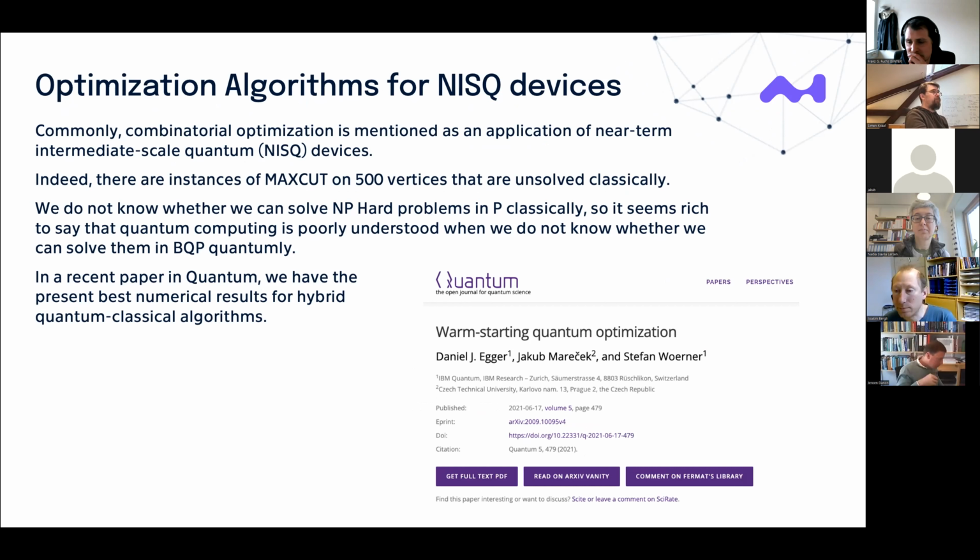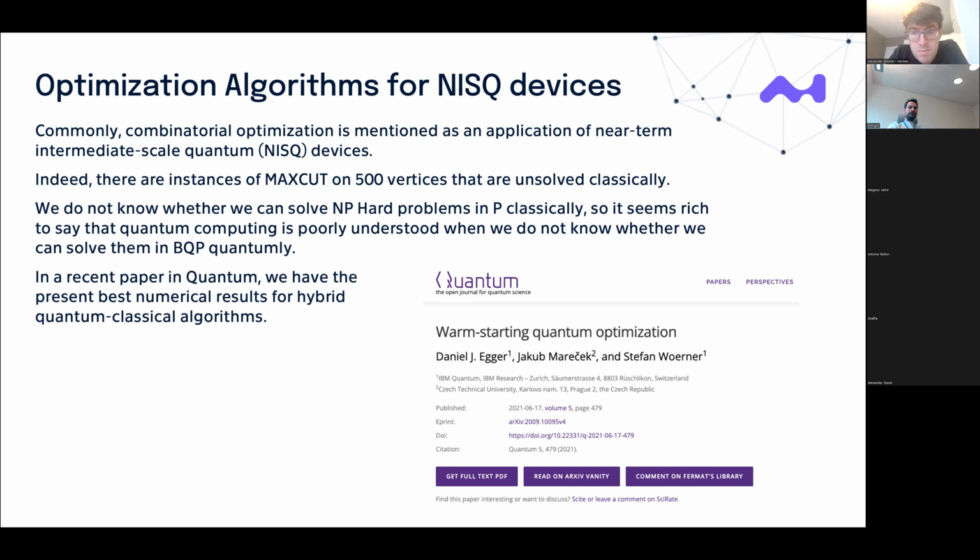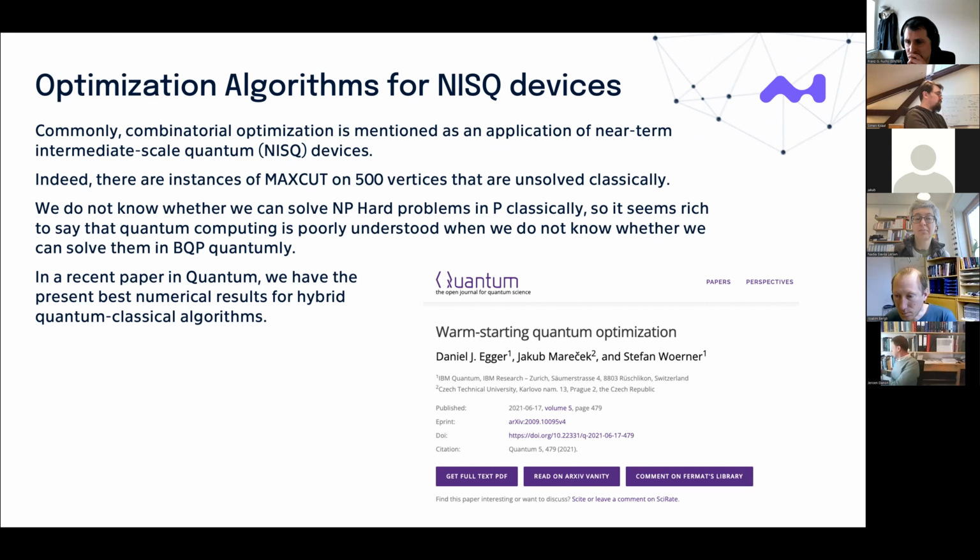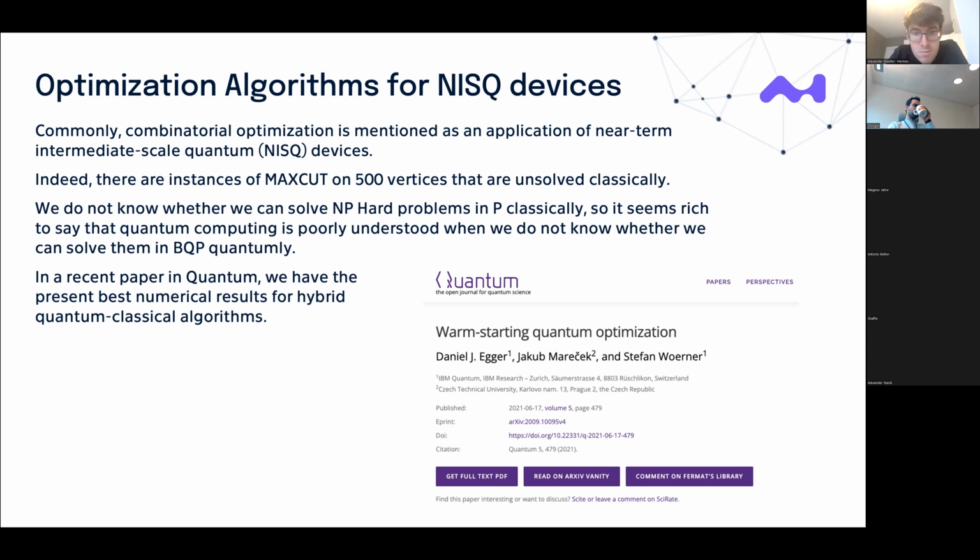And in some ways, I think that this is promising in the sense that we have relatively small instances of optimization problems, which we don't know the exact optimum of. So if we had an approach on the classical computer to solve those, we would have come up with the solutions some time ago, but we don't have that. So they're well-studied problems where classically we have not been able to solve them.